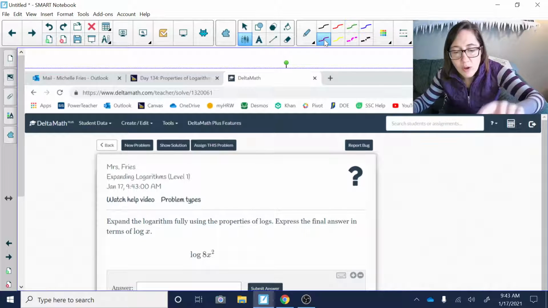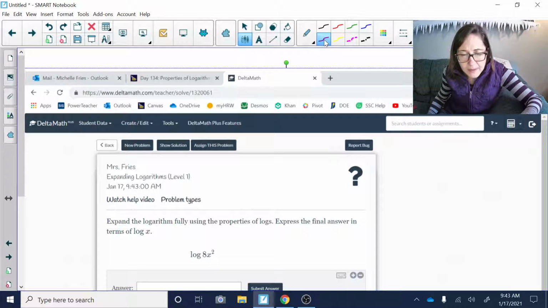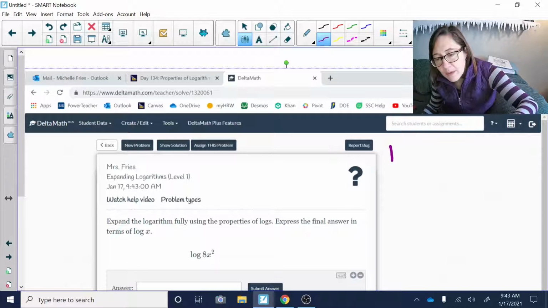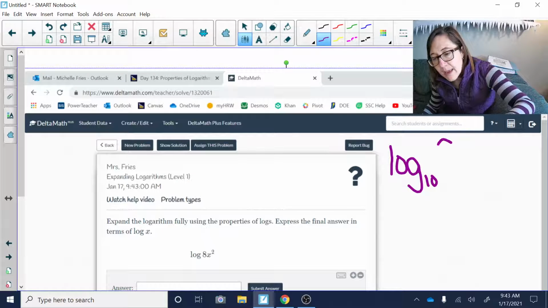Okay, so I have log base 10 of 8x squared. So log base 10 of 8 times x squared.